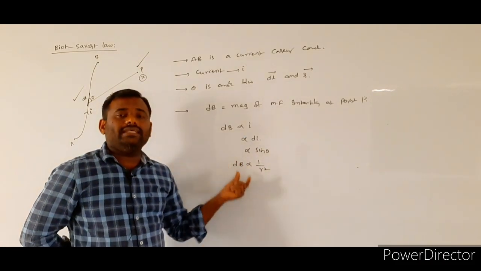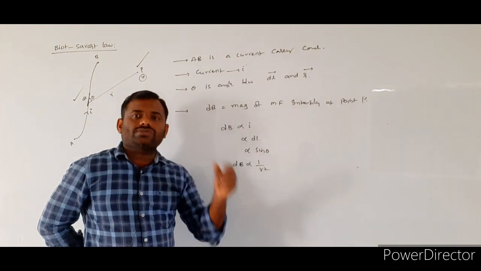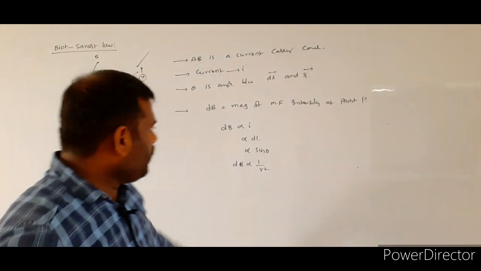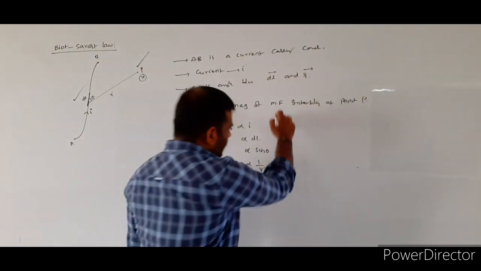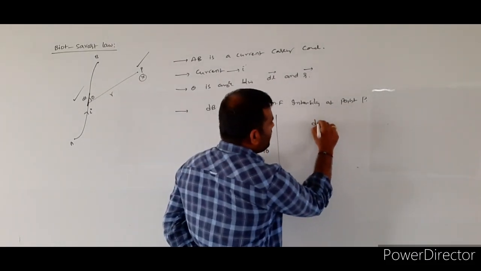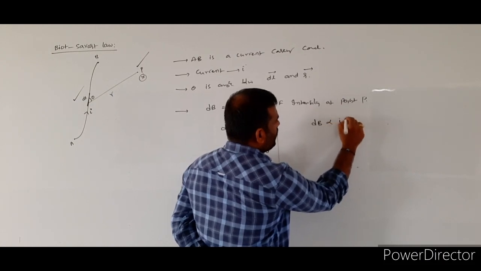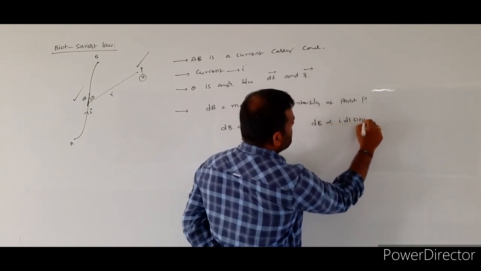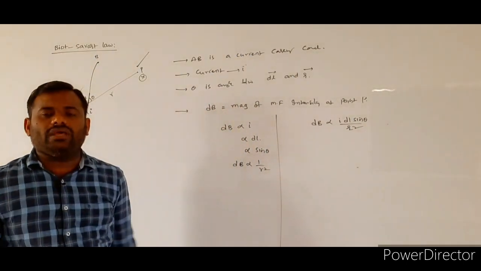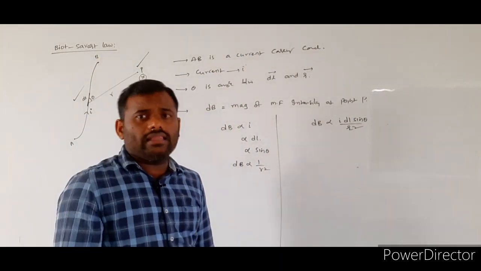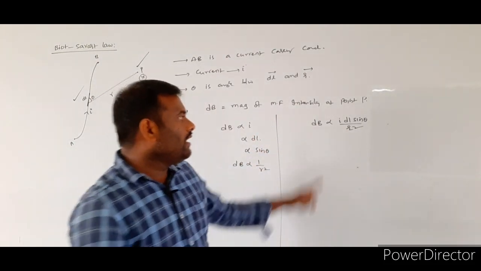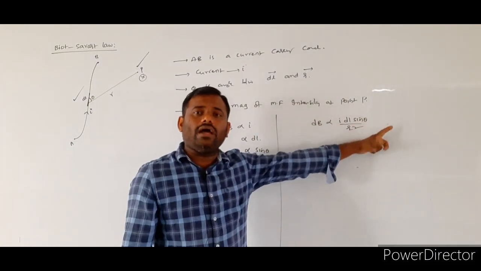And dB is also inversely proportional to the square of the distance between the small element dl and the point P. So they concluded that dB is directly proportional to I, dl, sin theta, and inversely proportional to r square. By combining all four, we write dB is directly proportional to I dl sin theta by r square.